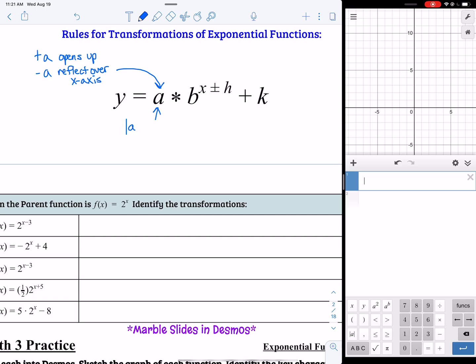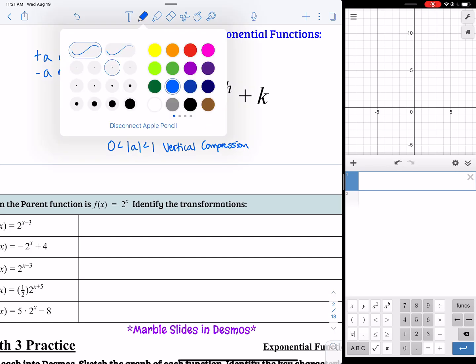When the absolute value of a is greater than 1, it makes our graph have a vertical stretch by a factor of that value. And when the absolute value of a is between 0 and 1, it makes your graph have a vertical compression. Between 0 and 1, something like 1/2 is an easy example to think about.